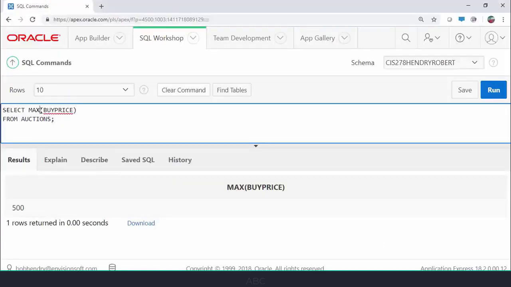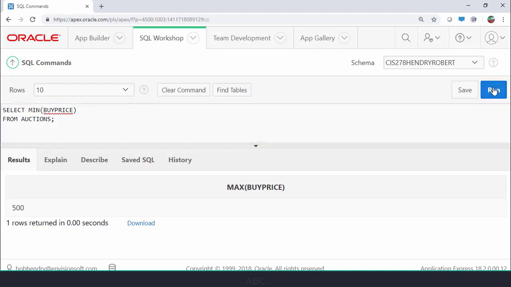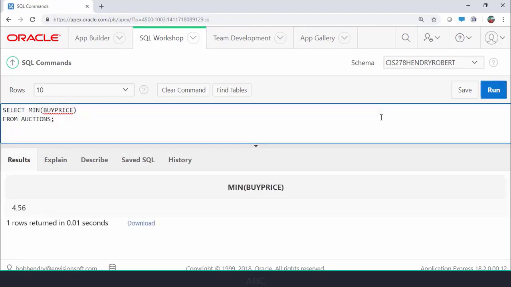So if we wanted to see the minimum buy price, we could say select min buy price from auctions. And we run. The internet's a little slow tonight, but we get our result coming back, 4.56. So the minimum buy price we have for any item in our auctions is $4.56.